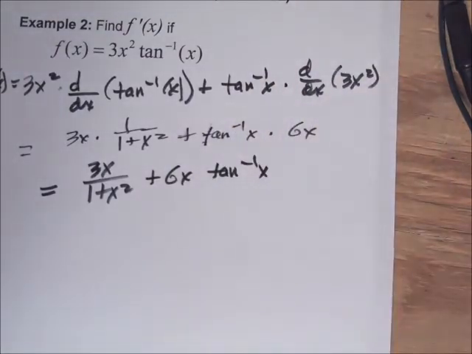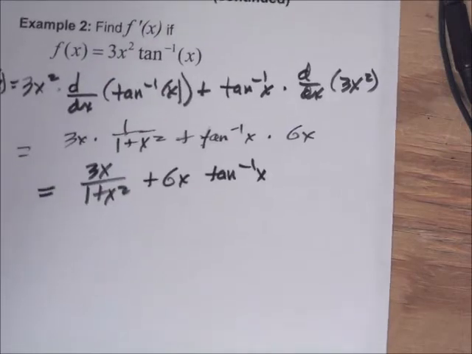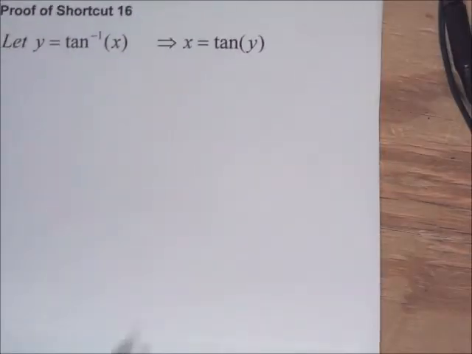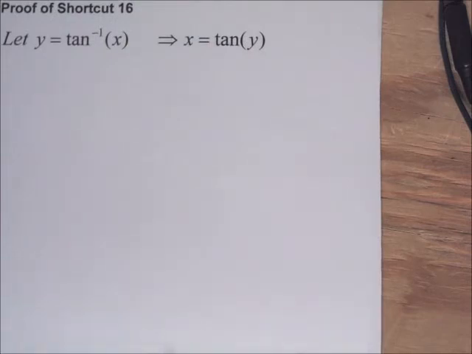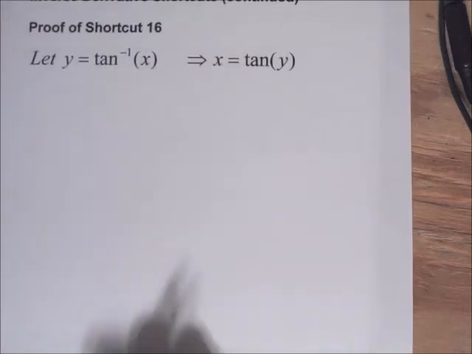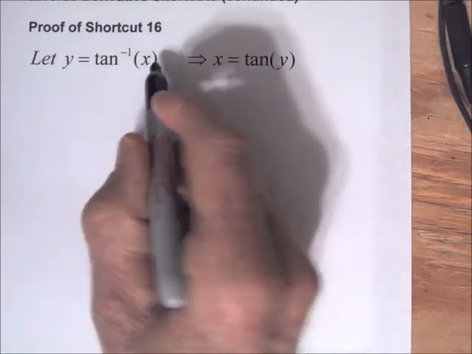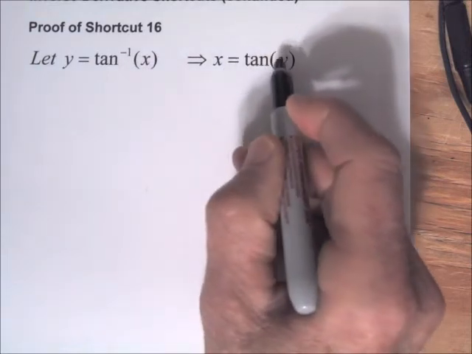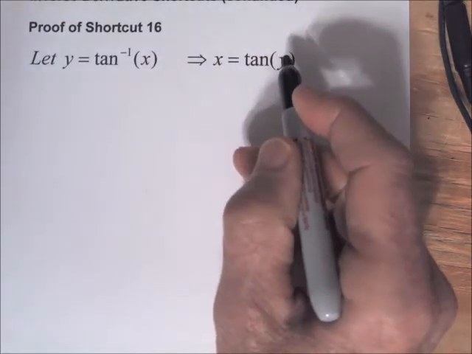Okay, so I'll also do a proof of the rule for tangent inverse. It follows the same pattern as the proof we did for the sine inverse. y equals tangent inverse of x. That means that x is equal to tangent of y. We're just switching the roles of x and y here.